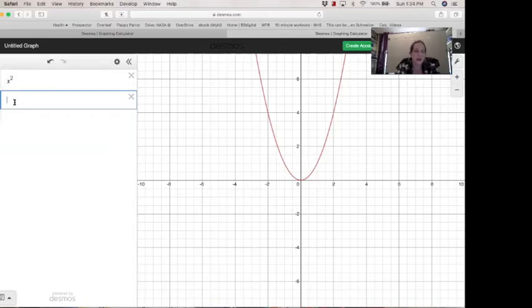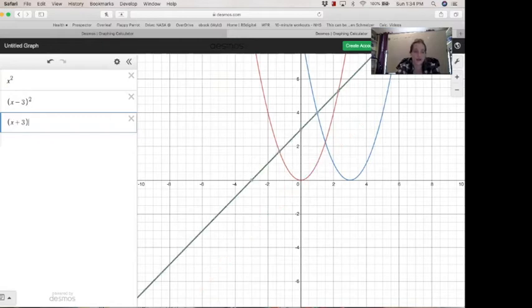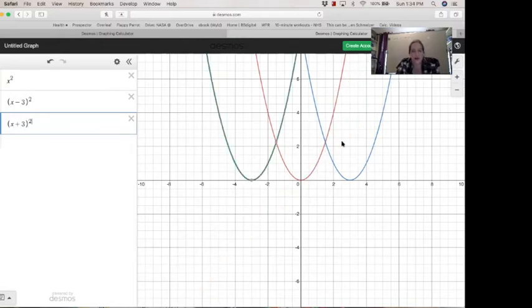But the other thing I want to talk about is horizontal and vertical shifts. So if I have x² and I change that to (x - 3)², notice that that moves my function 3 units to the right. If I do (x + 3)², that moves my function 3 units to the left.